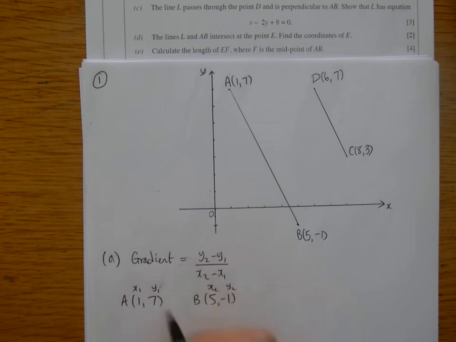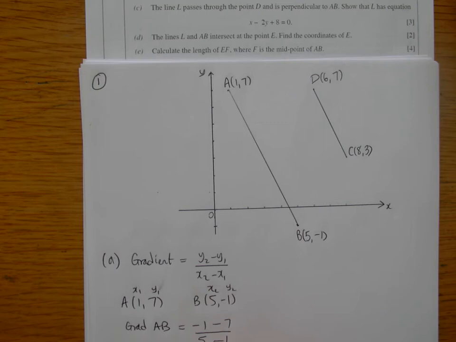So to work out the gradient for AB, you just use this formula. On the top is y2 minus y1, the difference in y's. So it'll be minus 1 for y2, take away the y1 which is 7, all over x2 which is 5, take away x1 which is 1. If I work that out on my calculator, I will get minus 2.